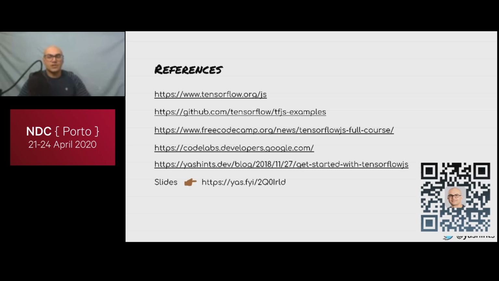You could find the slides on the last link. And there's also colabs.develop.google.com, which has a lot of good examples of different TensorFlow.js demos and models, using different pre-trained models that you could just use.